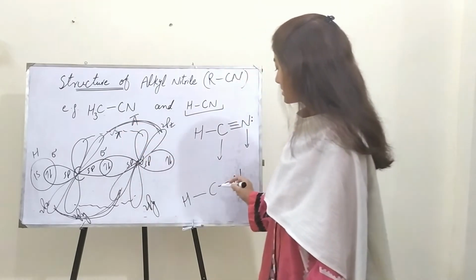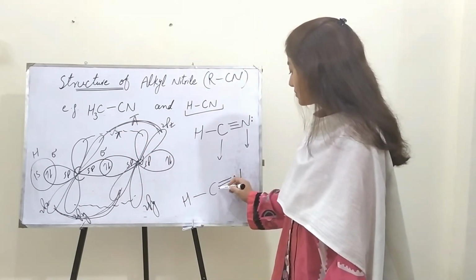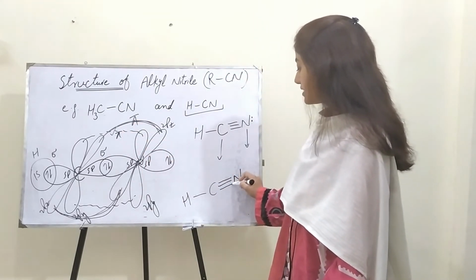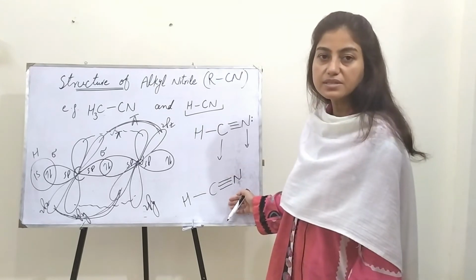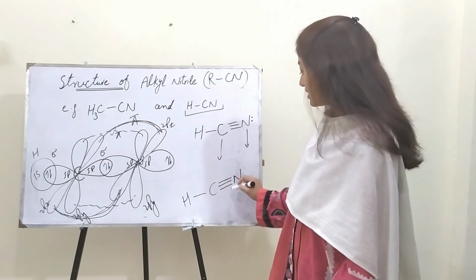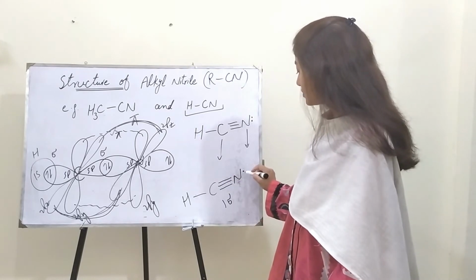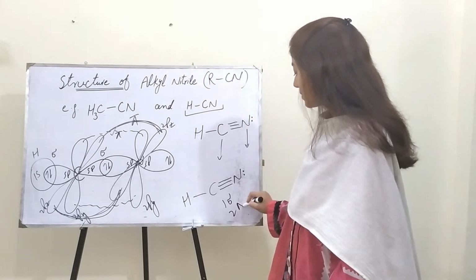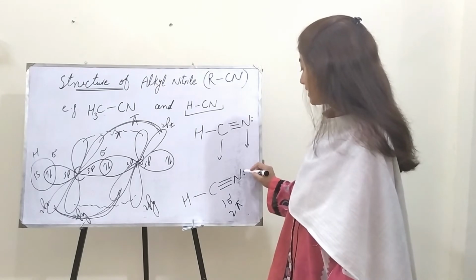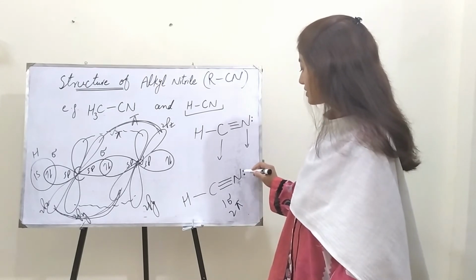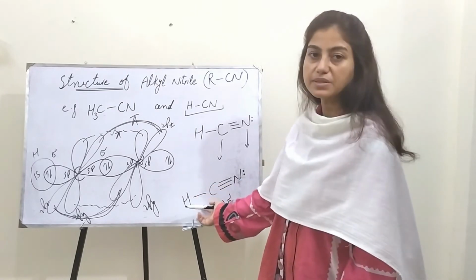These two pi bonds are drawn by putting the other two lines above and below the sigma bond. So in this way, it has one sigma bond between carbon and nitrogen and two pi bonds. And nitrogen has also one lone pair of electrons and one sigma bond between carbon and hydrogen.